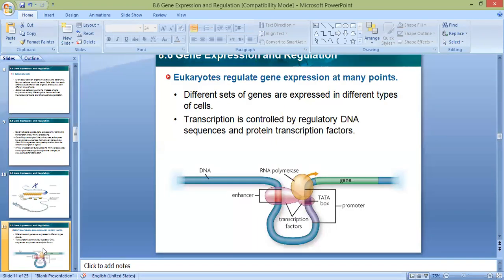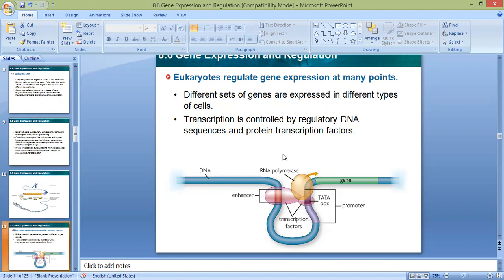Eukaryotes regulate gene expression at many points. See how. Here I have a strand of DNA, which is normally straight. Different sets of genes are expressed in different types of cells.